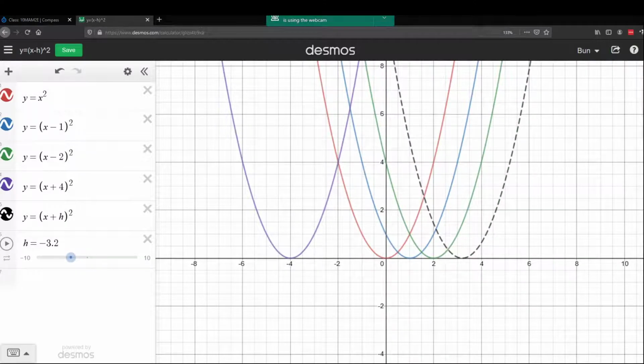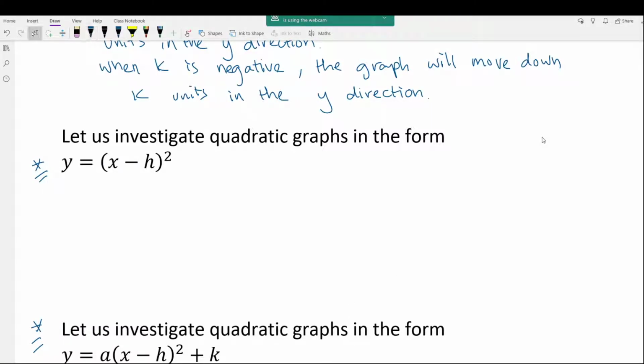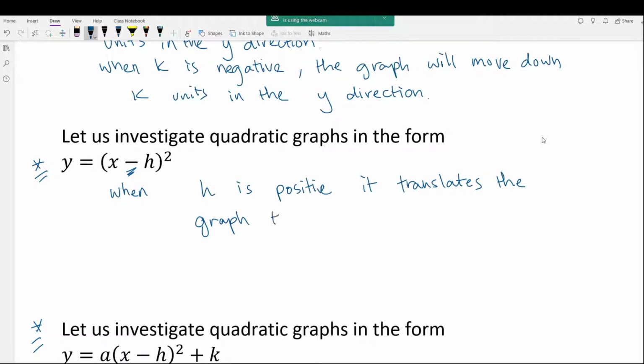So we can say here, see how there's a negative there, when h is positive, it translates the graph towards the right.